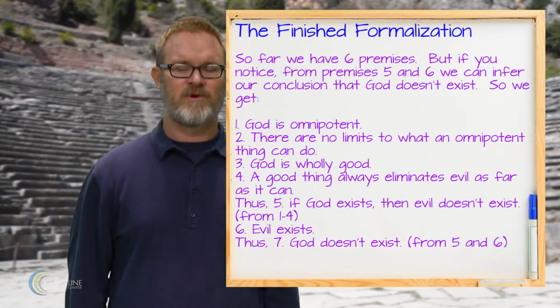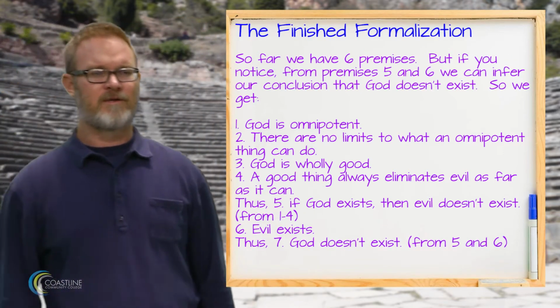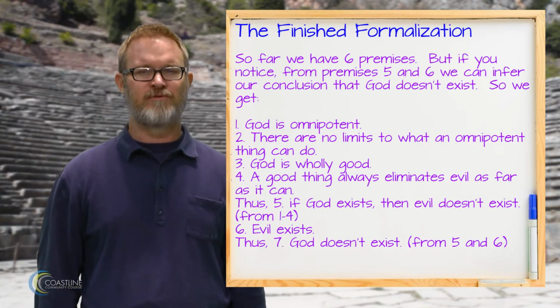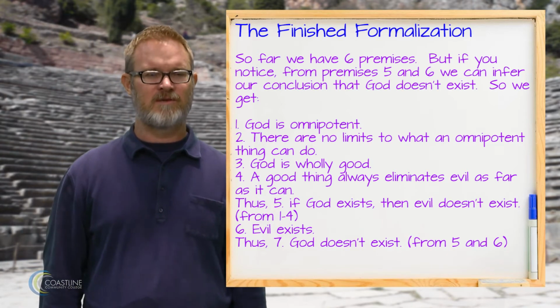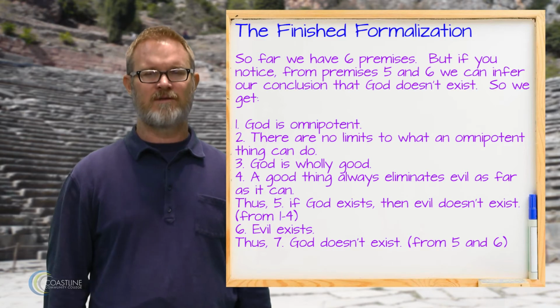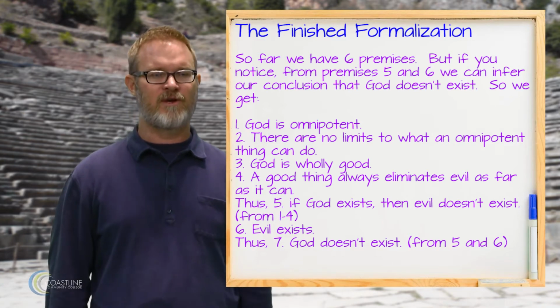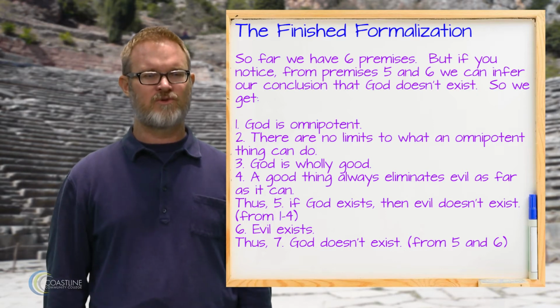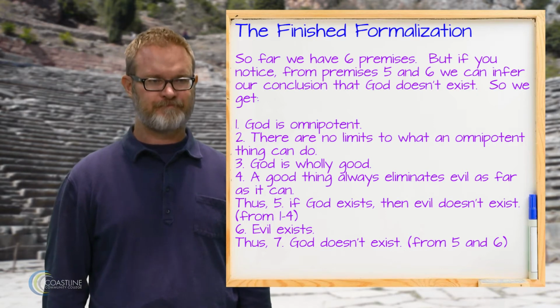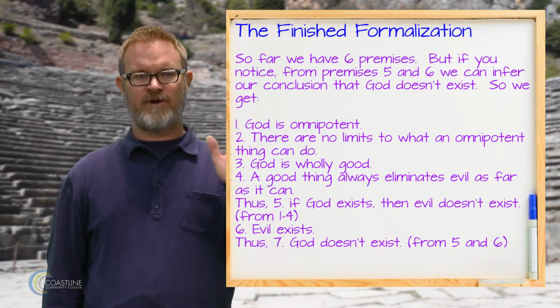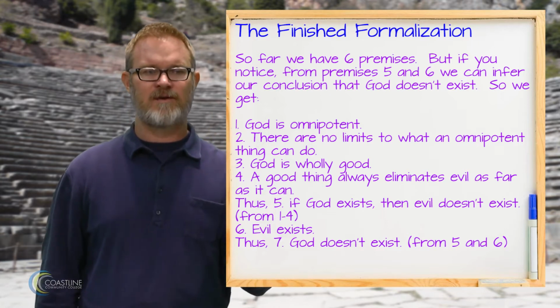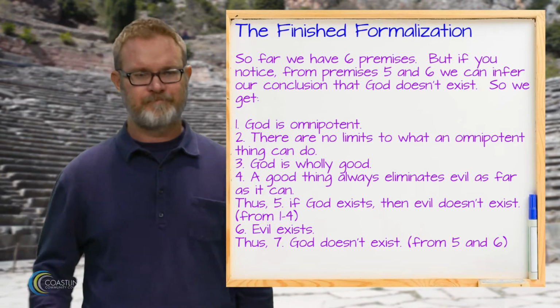And so that brings us to our conclusion, right? And so we have here our completed formalization. It's 6 premises leading to the conclusion that God doesn't exist. And you can see too from this formalization that the conclusion that God doesn't exist really just follows from 5, if God exists, then evil doesn't, and 6, evil exists, right?